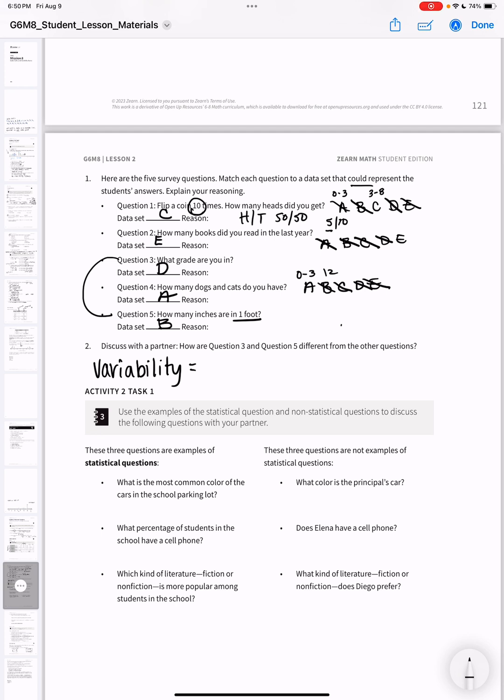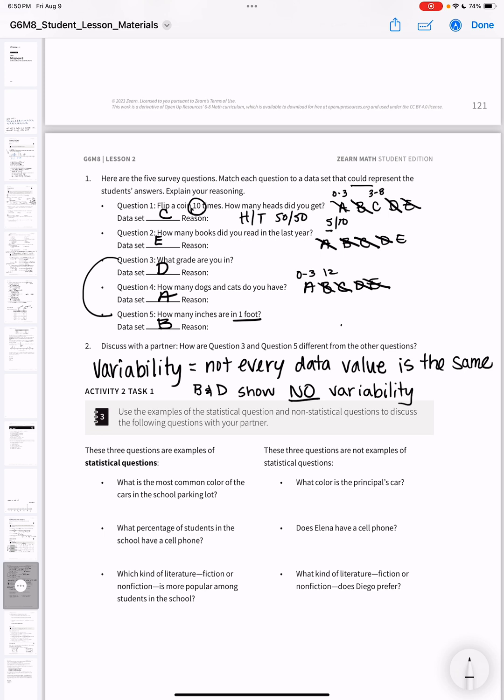So variability, not every data value is the same. B and D show no variability. Variability is an important word that you need to know.